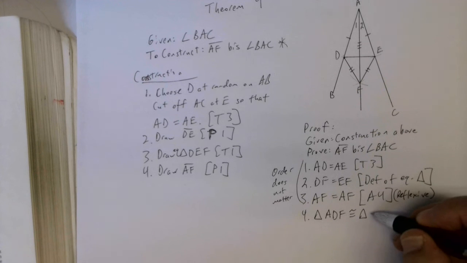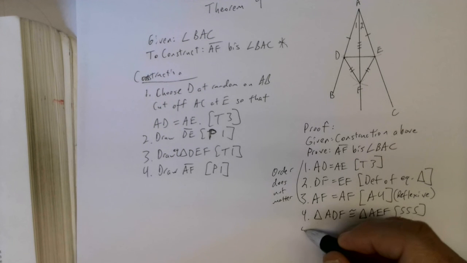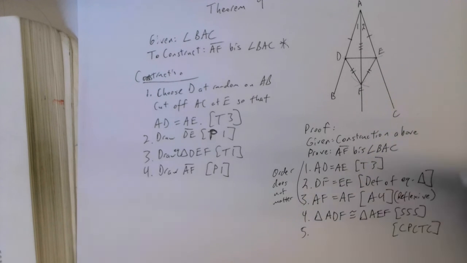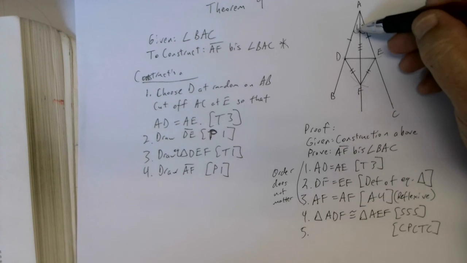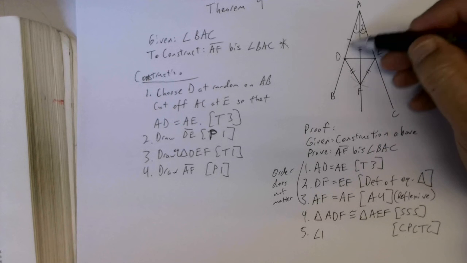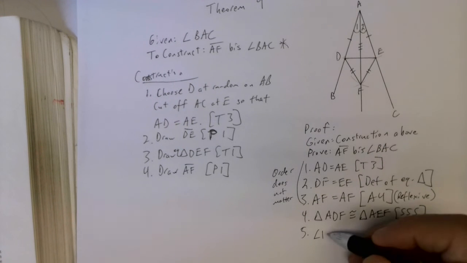So ADF is congruent to AEF by the SSS. What always comes after the SSS? Once we open the locker, we take out treasures using corresponding parts of congruent triangles are congruent. And the treasure we want to take out is just these two angles. Angle 1 is an angle in triangle ADF, and the corresponding angle in triangle AEF is angle 2.